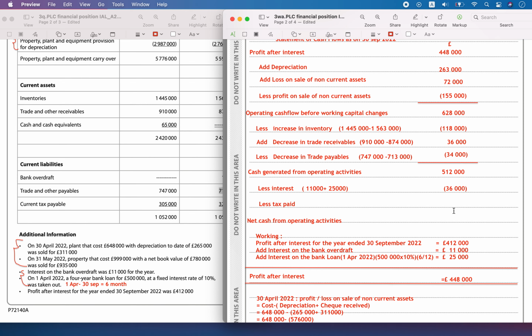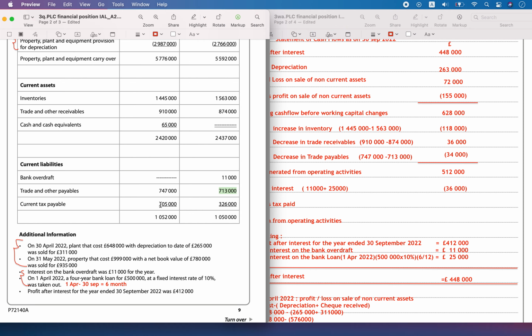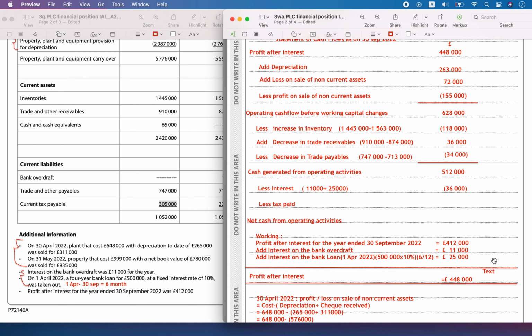And then we have the less tax paid, which was 305,000.